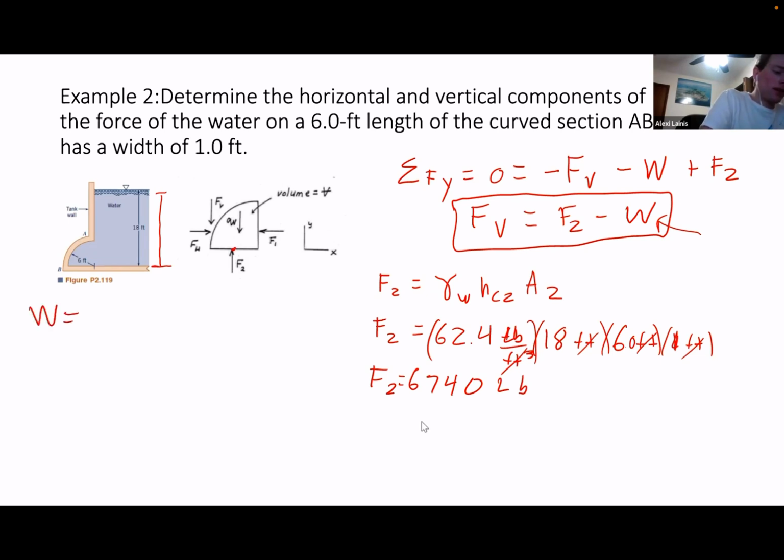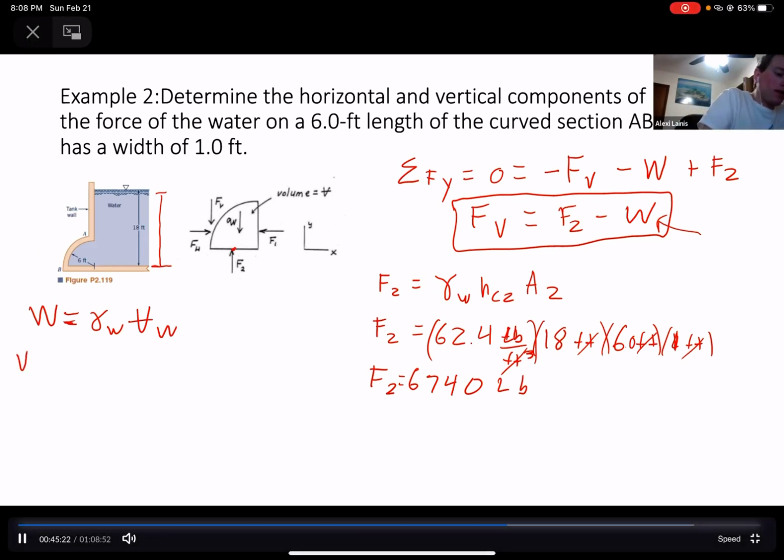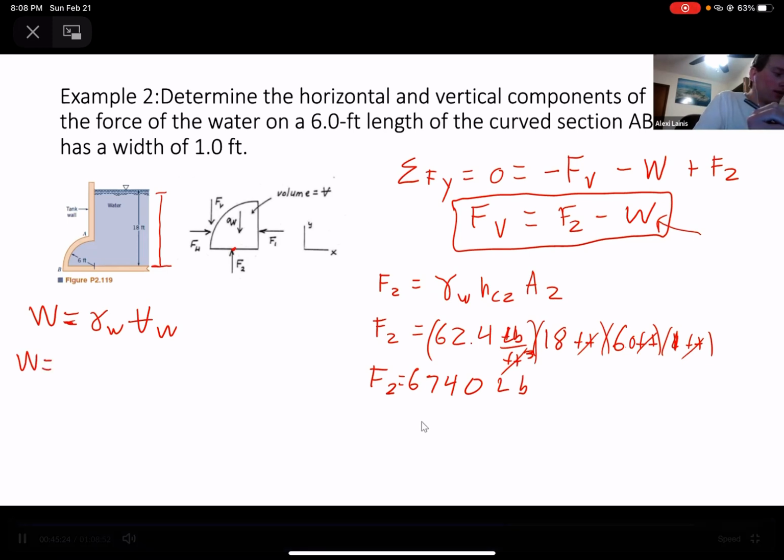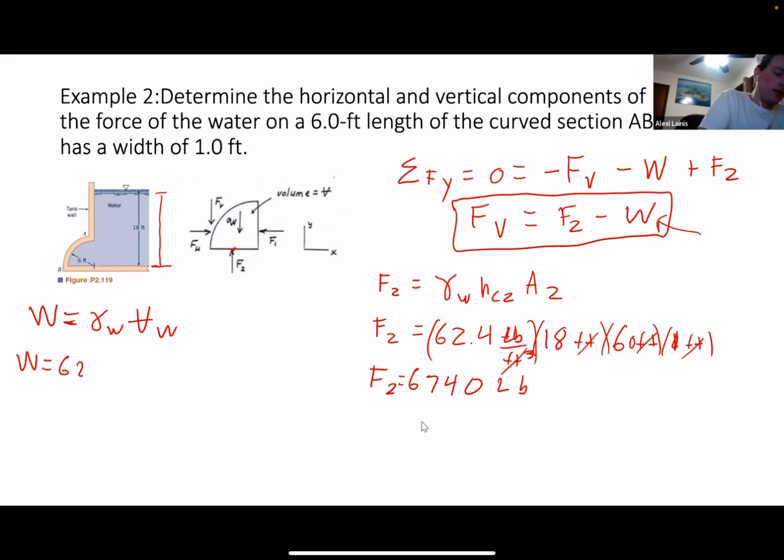So weight, as Emma said before in her example, is gamma water times the volume of water, and we'll use that weird V with the cross through it to indicate volume. So weight equals, and I'll write again, the 62.4 pounds per feet cubed. So we've got a quarter circle here.